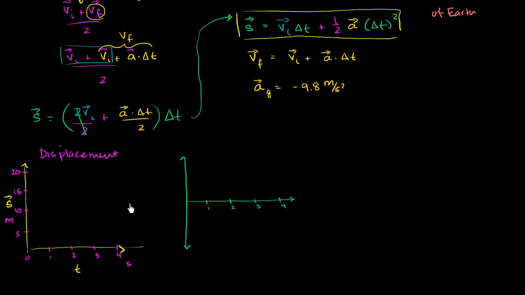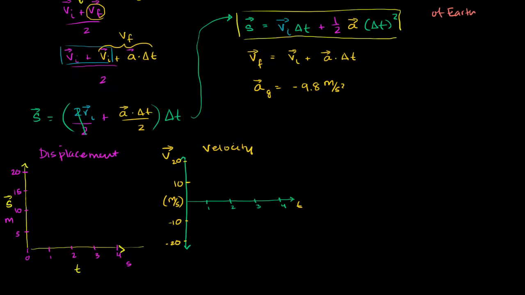And for velocity, this is going to be 10 meters per second, this is 20 meters per second, this will be negative 10 meters per second, and this will be negative 20 meters per second. All of this is in meters per second. This right here is velocity, and this axis is time. So this is my velocity graph.